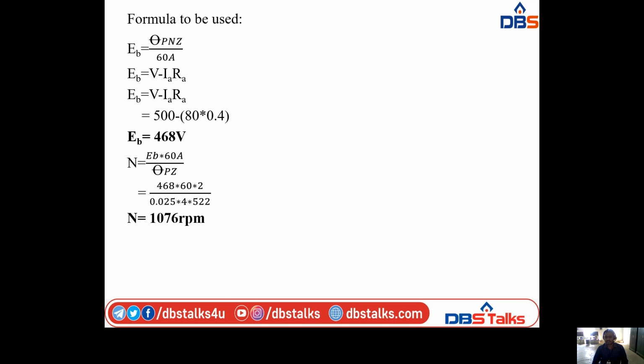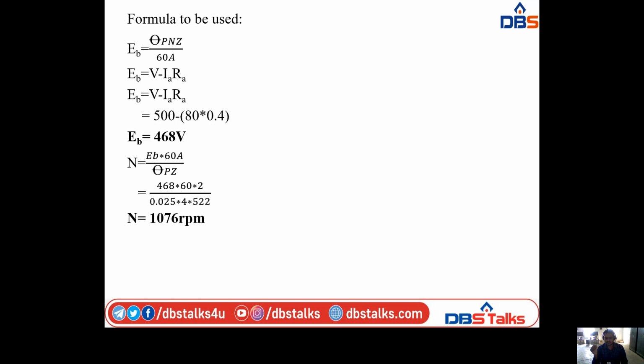From the EMF equation of a DC generator, EG is equal to phi P N Z by 60A. Here also I am taking the back EMF formula as phi P N Z by 60A. Using that formula, N is equal to EB into 60A by phi P Z. Previously we calculated the back EMF, that is 468.